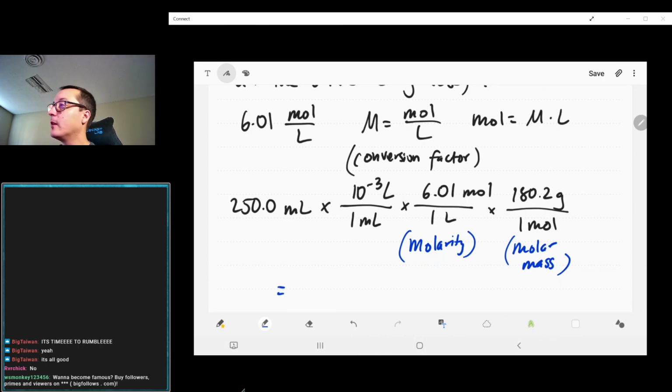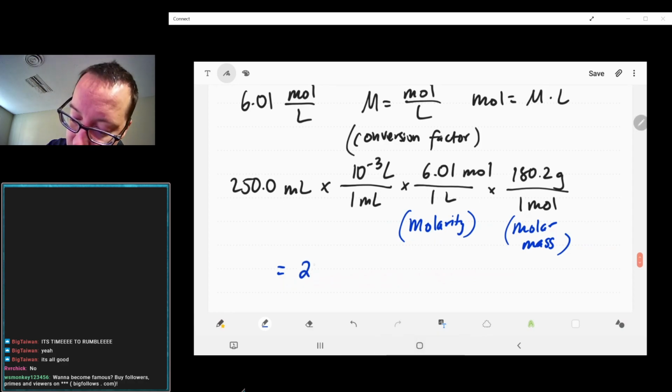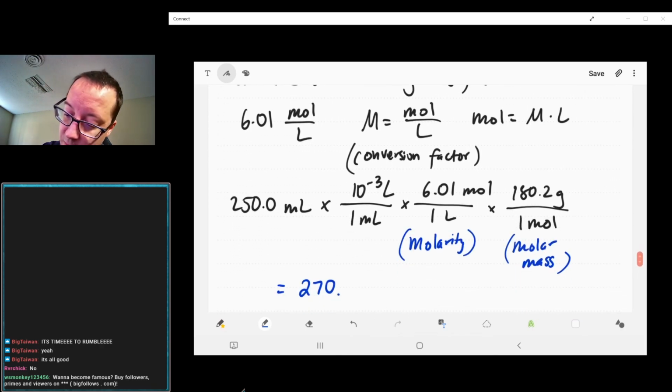So let's do it. 250 divided by 1,000 times 6.01 times 180.2. We end up getting 270 point, actually I think 3 sig figs is all we need, right? Yeah, 6.01. Okay. So 271 grams of glucose.